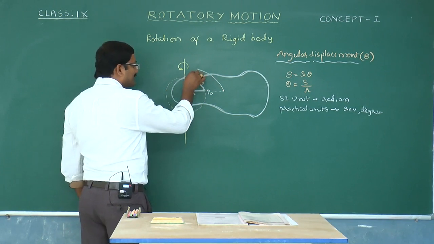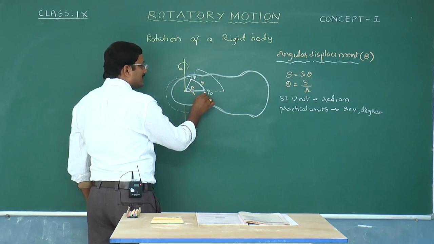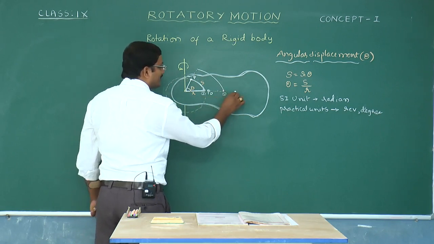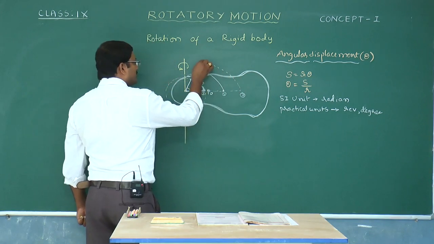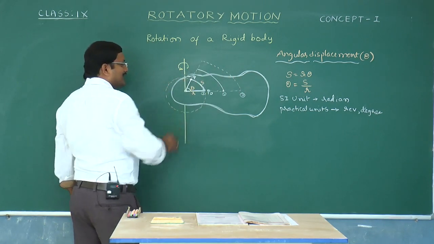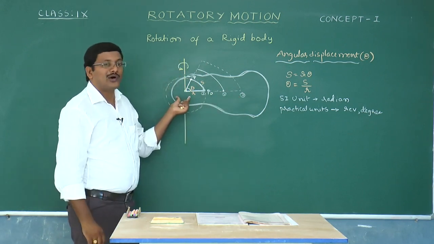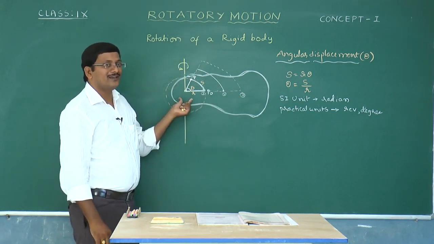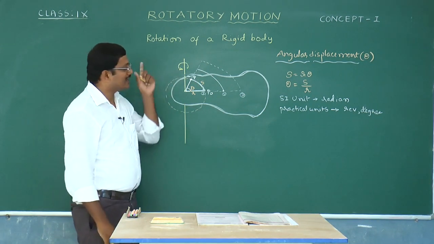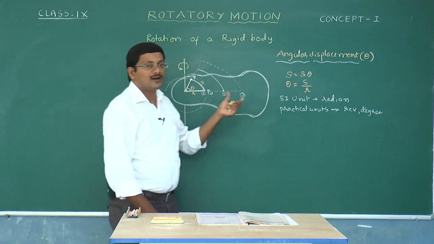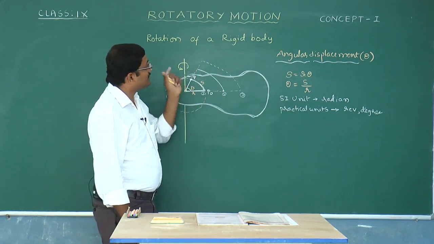This figure clearly shows that whatever the particle I have taken, the first particle is this, and if I take another particle, a third particle, for the same time the rotation of the body will be like this, and clearly it shows that the angular displacement of all the particles of a rigid body which are away from the axis of rotation is the same. Means the angular displacement of all the particles of a rigid body will be the same, but especially for a rigid body only.